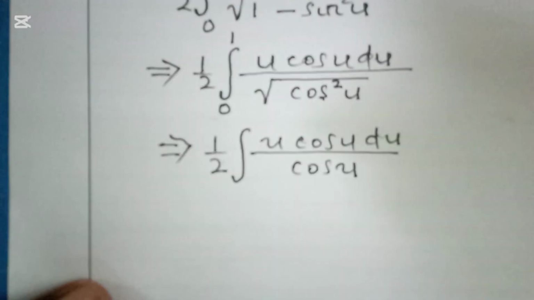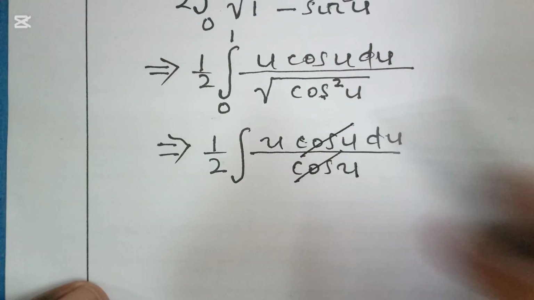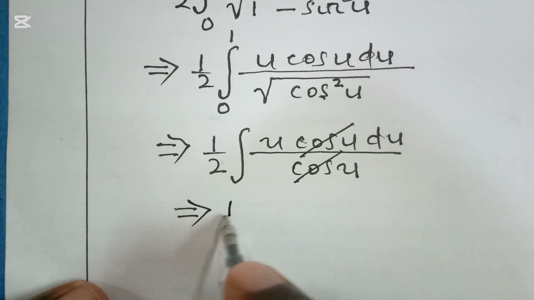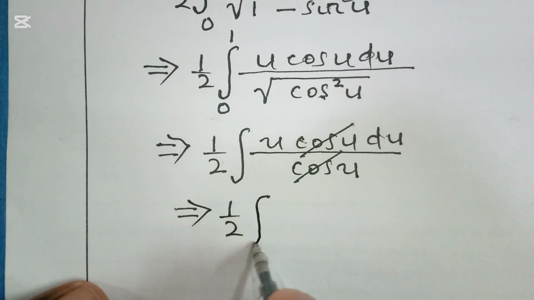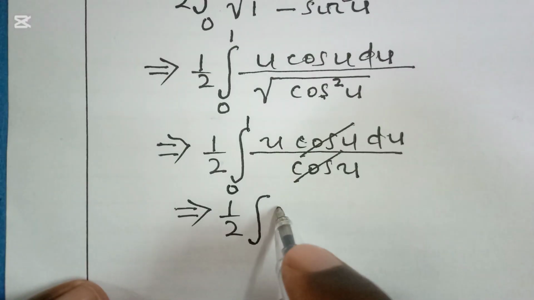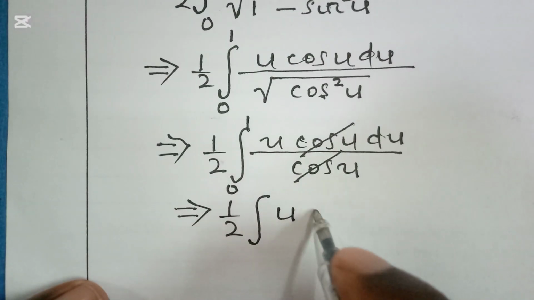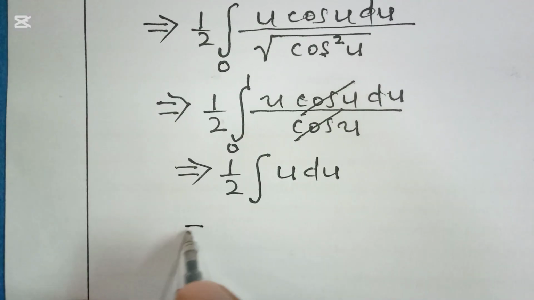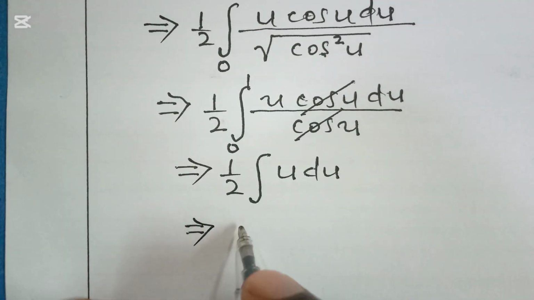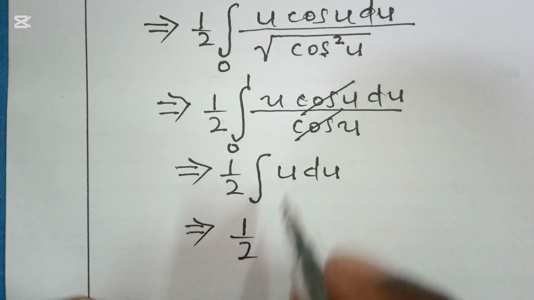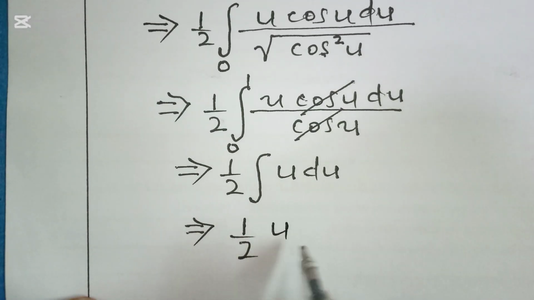Guys, from there we can cancel that cos, and we are left with the integral from 0 to 1 of u du. So we can actually do that, and the integral of u is going to give us u squared all over 2.